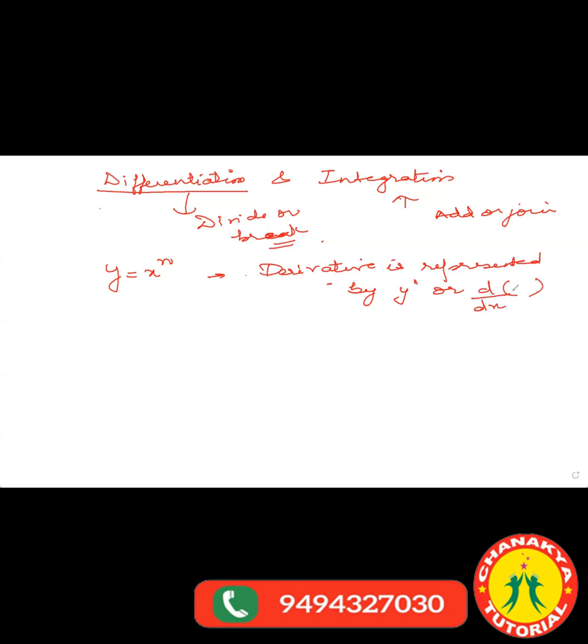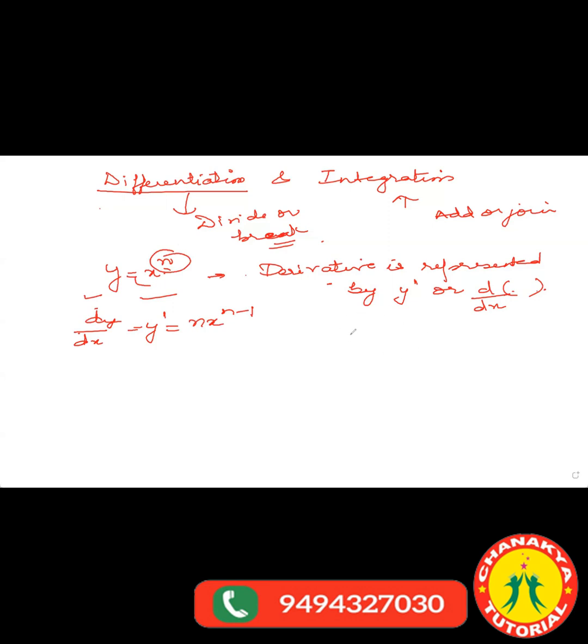Here, any function you can write within the braces. Suppose this y is a function of x. So the differentiation, dy by dx, or y dash, will be equal to n x to the power n minus 1. You write the power in the numerator, then x, then subtract 1 from the given power.